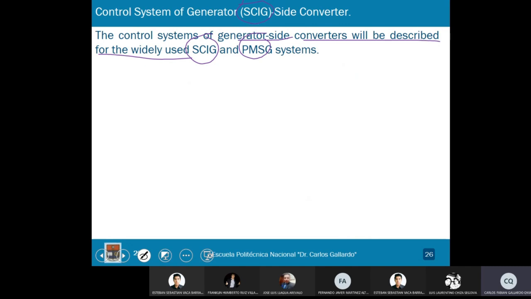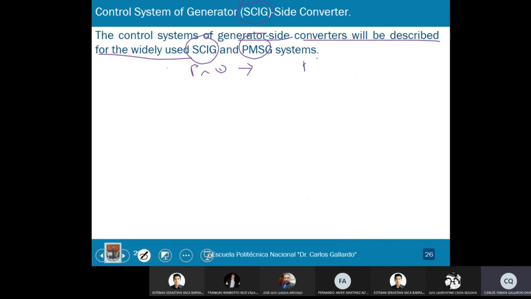For these two topologies, to achieve the decoupling control of the active power and reactive power of the generator and obtain a better dynamic performance, the generator side converter is generally controlled according to the rotor flux orientation technology.